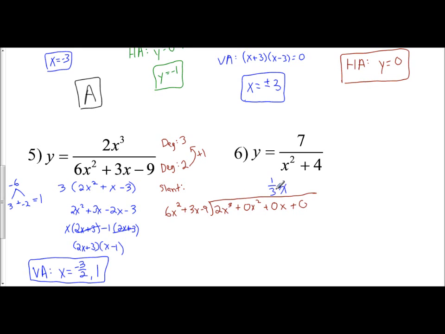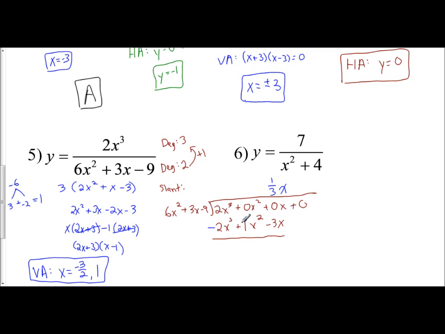And now I distribute. So 1/3 of 6 is 2. I'm going to get 2x cubed. 1/3 of 3 is 1, so I get plus 1x squared. And 1/3 of -9 is -3, -3x. We are subtracting all of these terms, so I'm going to change all the signs.